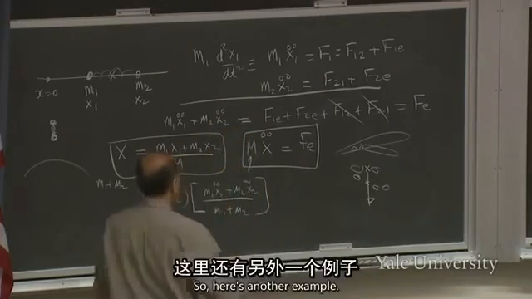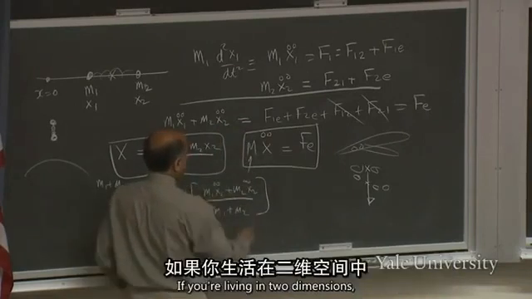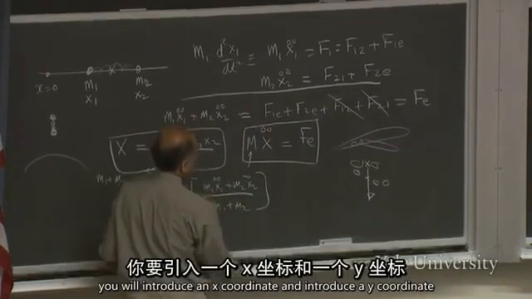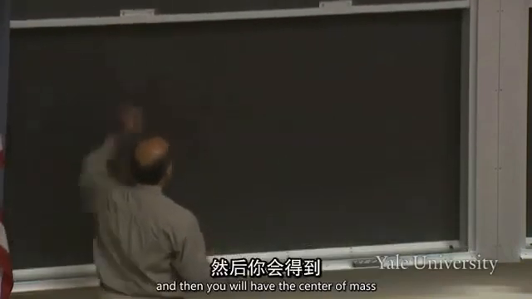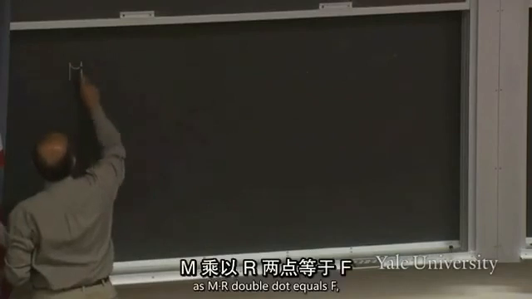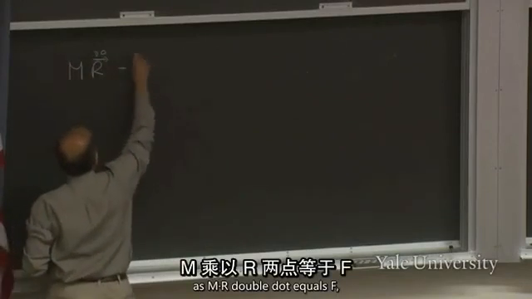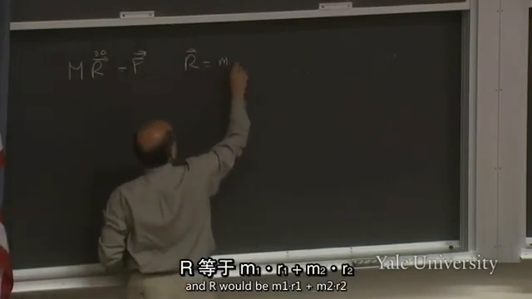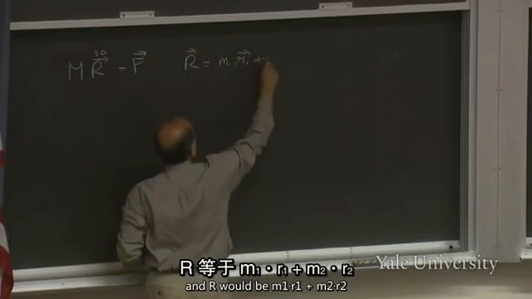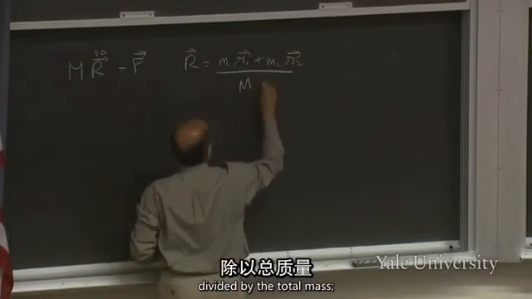So here's another example. Now you can obviously generalize this to more than one dimension. If you're living in two dimensions, you will introduce an x coordinate, introduce a y coordinate, and then you will have the center of mass as MR double dot equal to F, and R would be M1 R1 plus M2 R2 divided by the total mass.